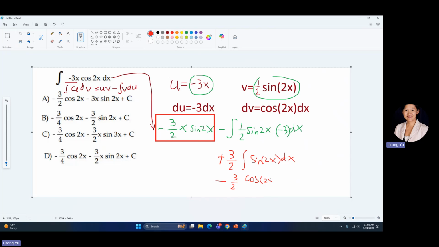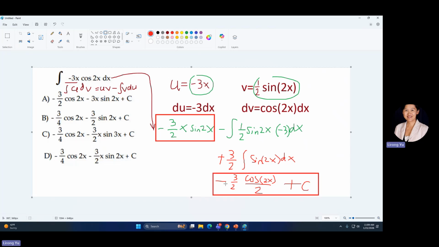The derivative of cosine 2x will give you negative sine 2x times 2. We don't want that 2, so we have to divide by 2. That's the reverse chain rule. So integration of sine will be negative cosine, but then the 2x will cause us to divide by 2. Hope that was okay. So this is the other part of the calculation.